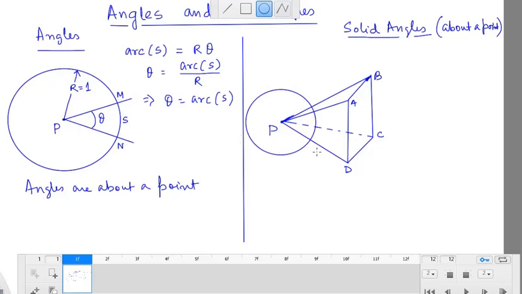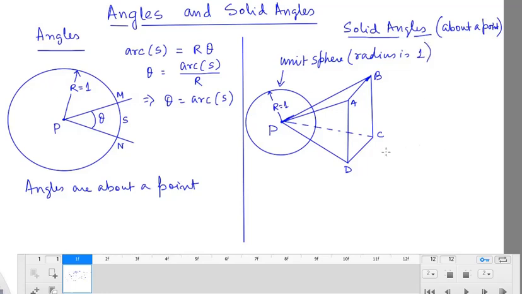Let me make the sphere a little bit smaller. No, never mind. So the radius of the sphere is 1. R equals 1. So this is a unit sphere. Unit sphere means the radius is 1.